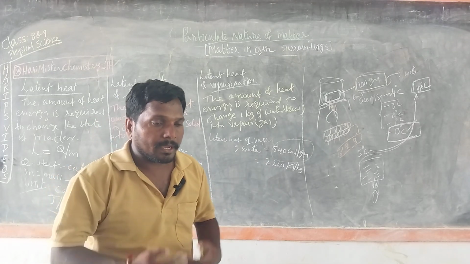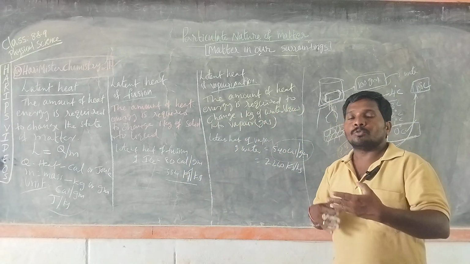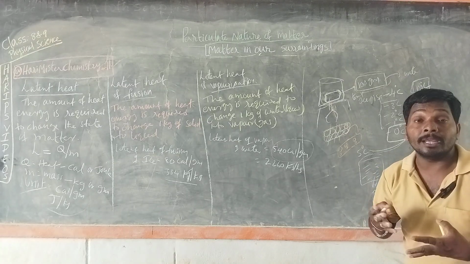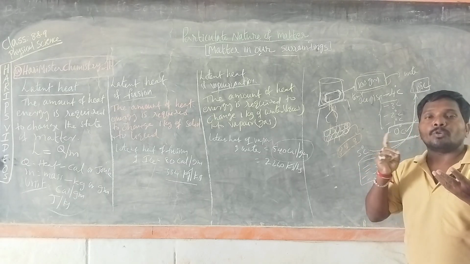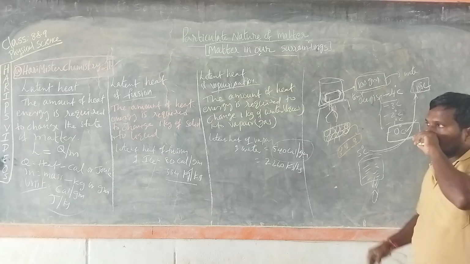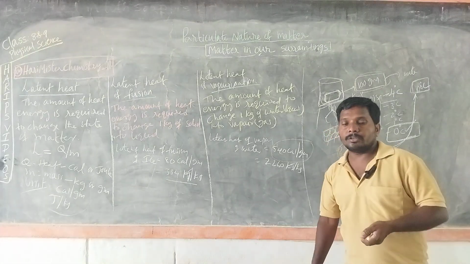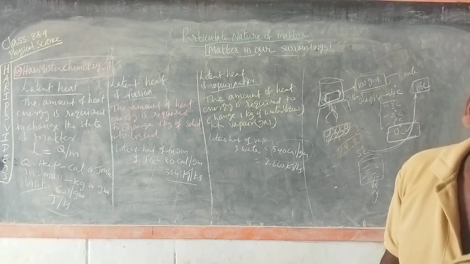So that amount of heat energy supplied to the water is utilized by the water molecules to break down the force of attraction between them, and water starts boiling, but no change in the temperature. So that amount of energy utilized to change 1 kg of liquid into gas is called latent heat of vaporization.